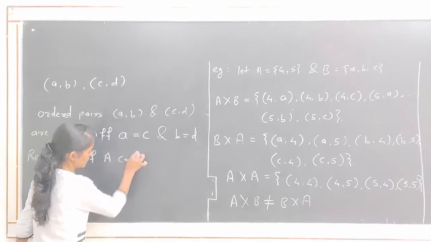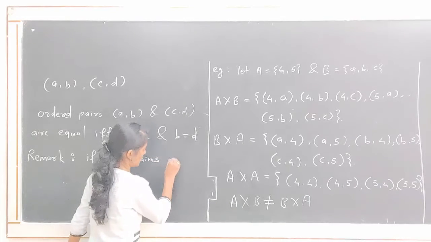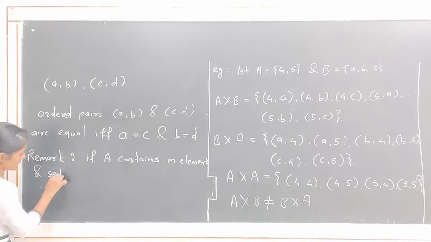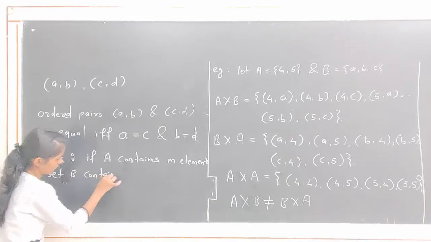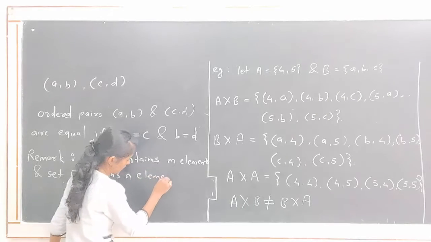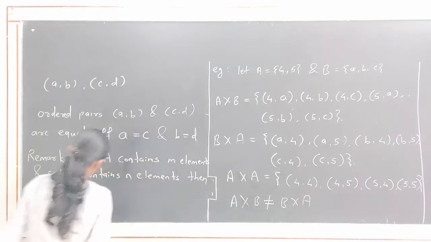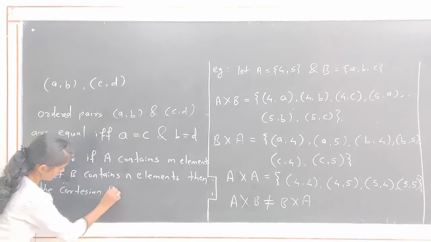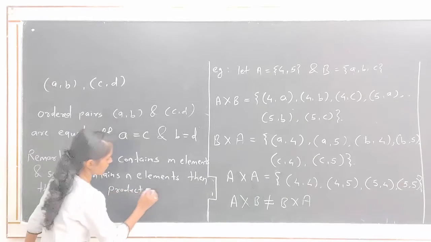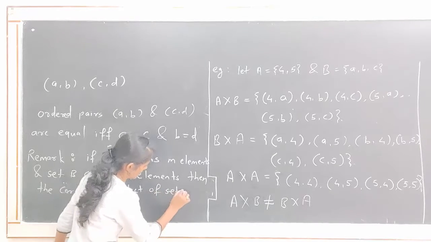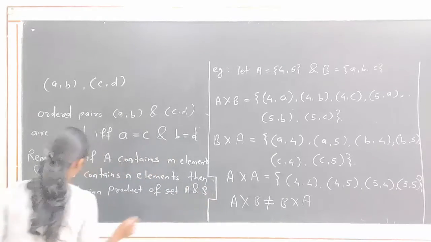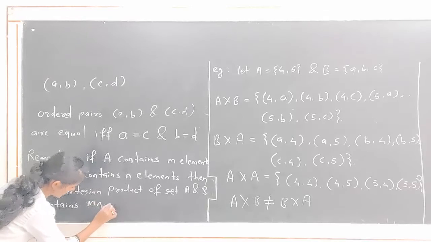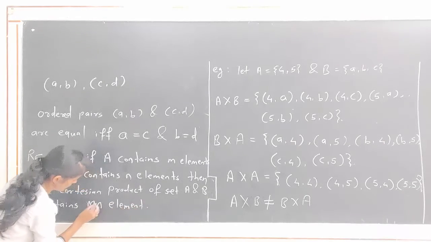If A contains m elements and set B contains n elements, then the Cartesian product of set A and B contains mn elements, right?